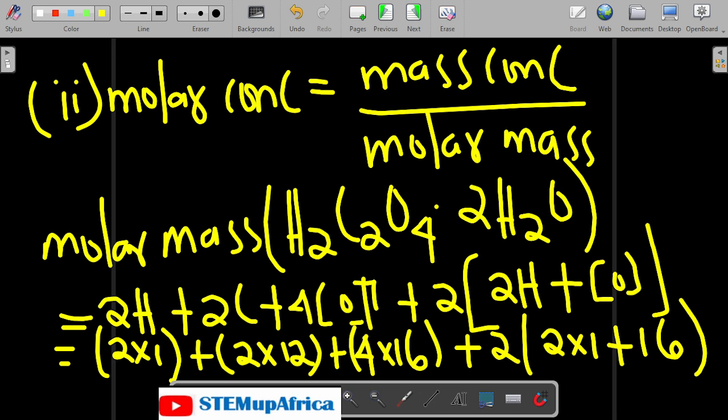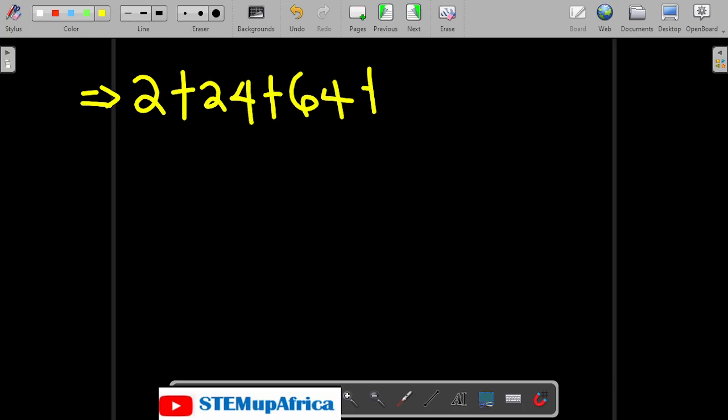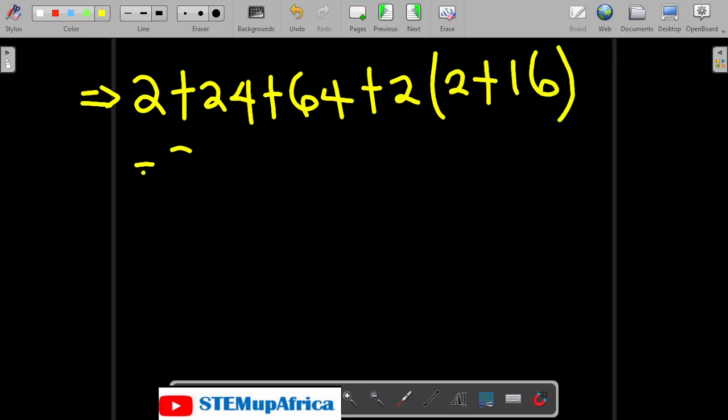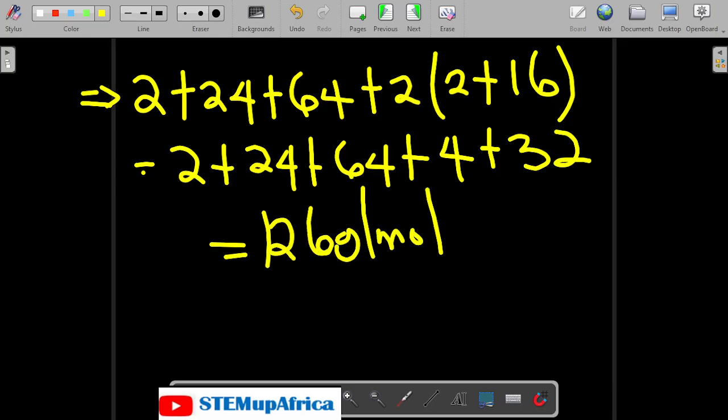So 2 plus 24 plus 64 plus 4 plus 32. If we add up, we're going to have 126 grams per mole.